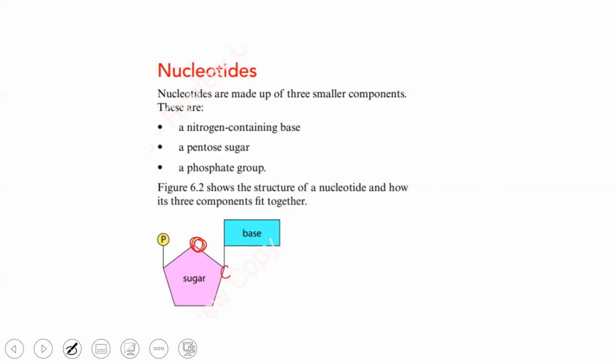So we have carbon 1 here, carbon 2, carbon 3, carbon 4. The 5th carbon goes over here, which is attached to the phosphate group, right? 5 carbons complete. It's a pentose sugar, 5 carbons, 5 corners. C equals 5.